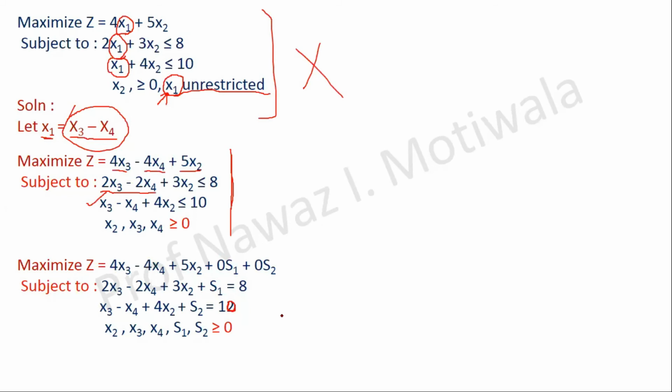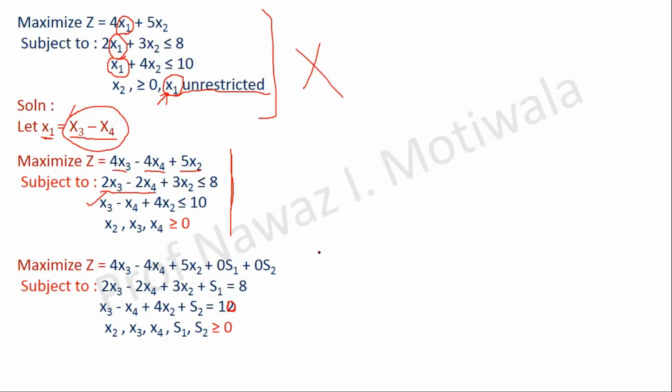Any doubts? I will not go into the details of the simplex table now because we have already solved many problems on that. The thing which I want you to understand is, if there is a variable in the question which is unrestricted, we have to convert that unrestricted variable to two new variables, or in a precise way, to the difference of two new variables which will be greater than or equal to 0.